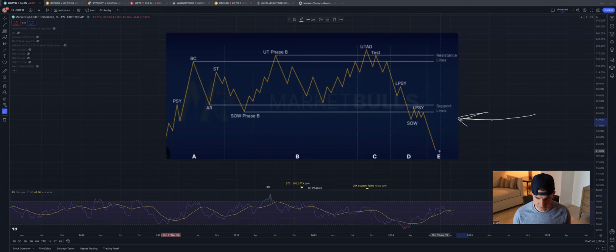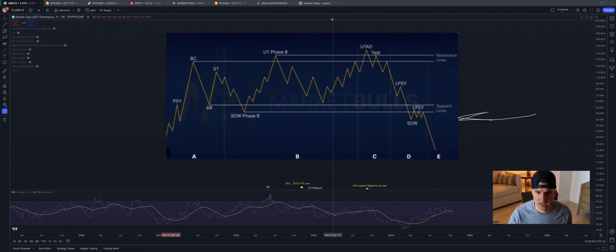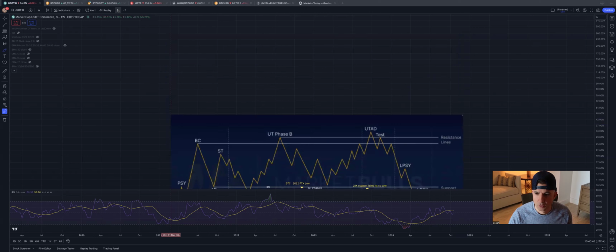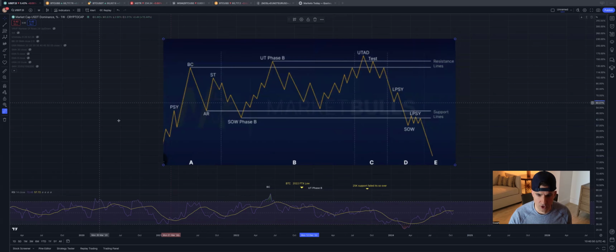That's the thought here. And so I'm going to do an exercise that takes us through where I believe we are in relation to this chart. Are we here? Are we here? Are we here? Where are we?